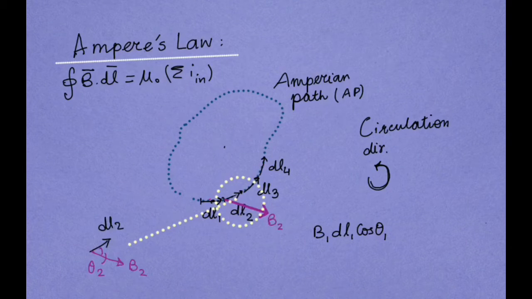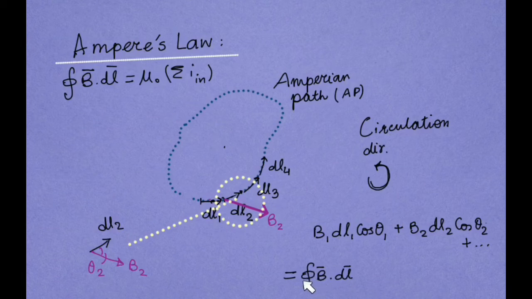Similarly, suppose magnetic field at the position of dl2 vector is B2 vector, and then the dot product will be B2 dl2 cos theta 2, and this we have to do all along the path, and we have to sum all the B dot dls. This summation is nothing but integration of B dot dl. And this small circle means this we have to do all along the cycle, along the complete path.